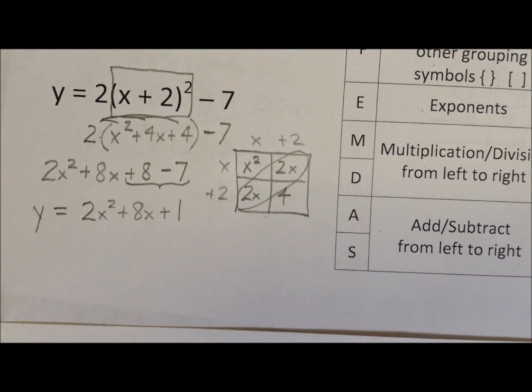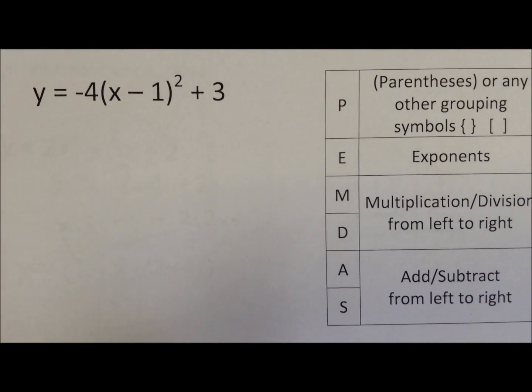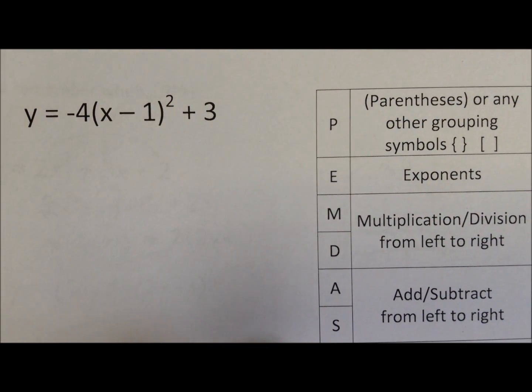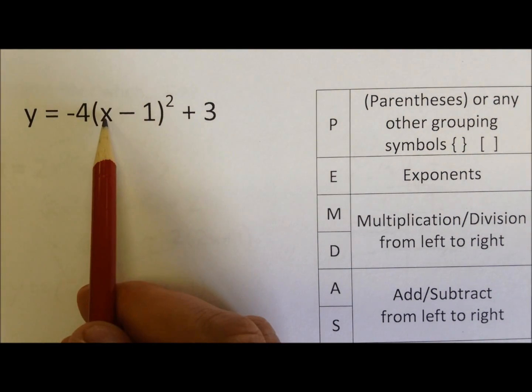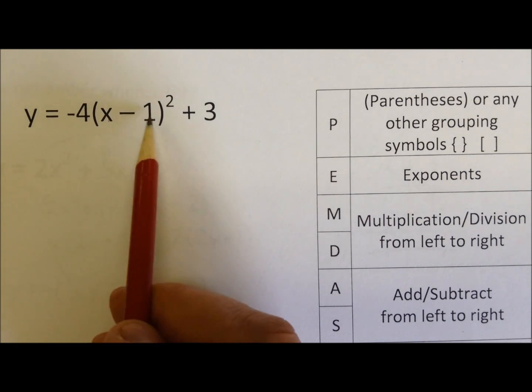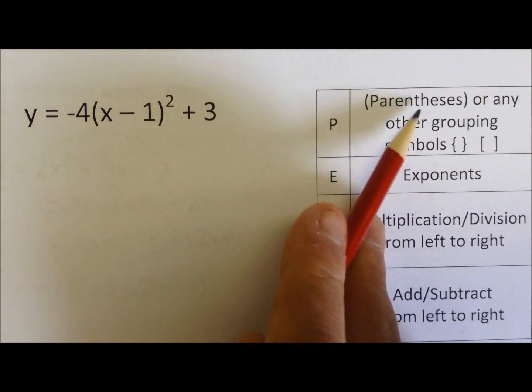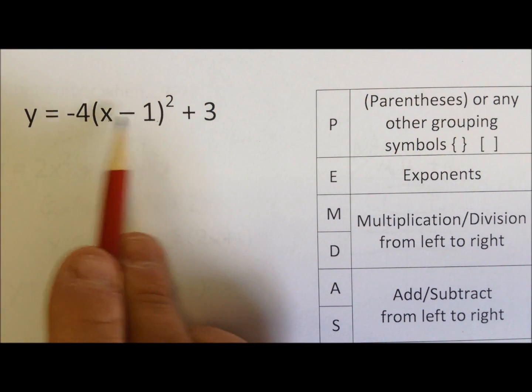So I'll do one more with you, and then you're going to be able to practice some of these on your own, converting from one form to another. Okay? Again, I can't actually subtract x and 1 because these are not like terms. So if you're wondering why I'm skipping the parentheses, it's that these are not like terms.